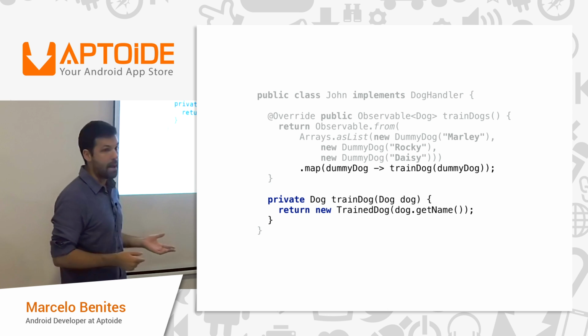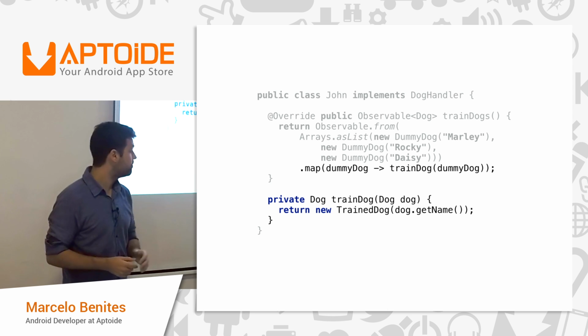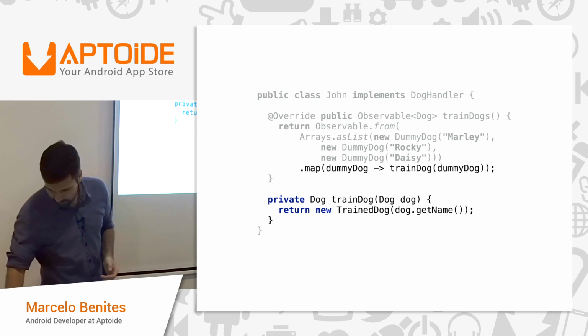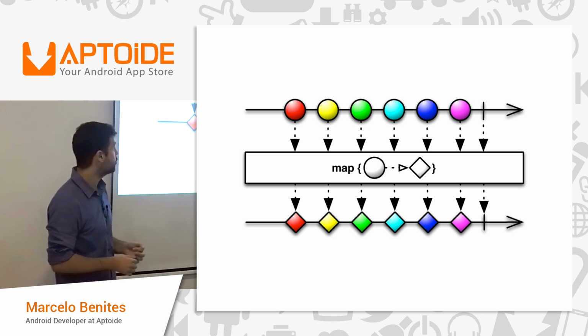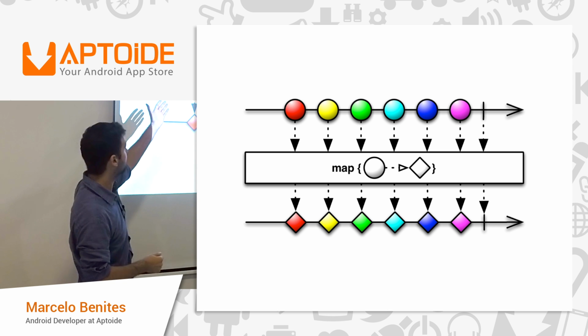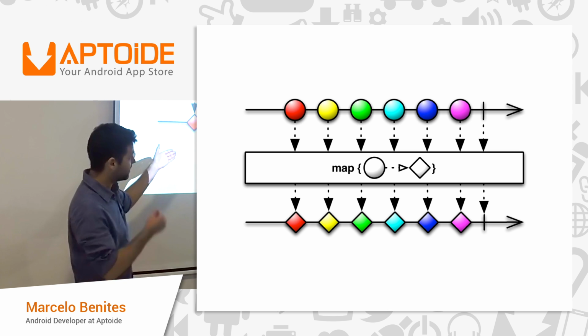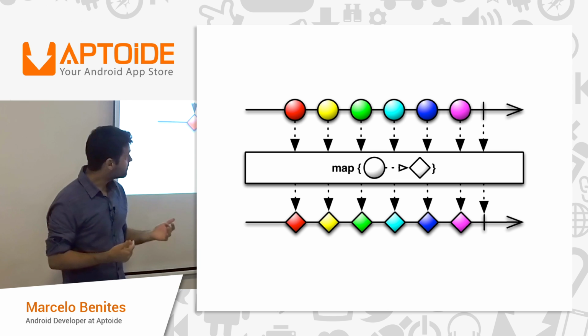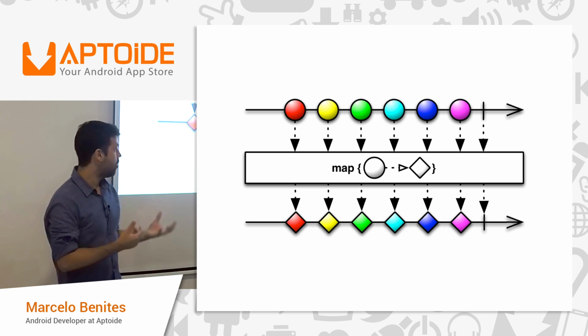So we're going to use the map operator. The map operator is going to do what we saw before. It's quite simple, this operator. It will turn dummy dogs, which are now represented by circles, into trained dogs, which are triangles. So whoever listens to this observable will receive only trained dogs.